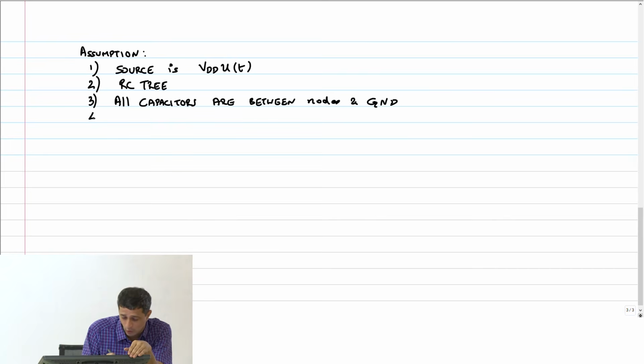Then we are also going to make the fourth assumption, which is very reasonable to a first order, that Vk of t is going to rise asymptotically with its own time constant, e to the minus t by tau k.